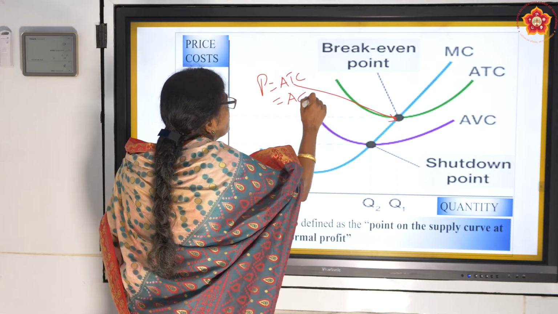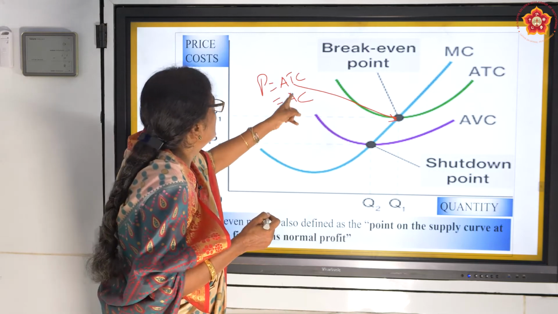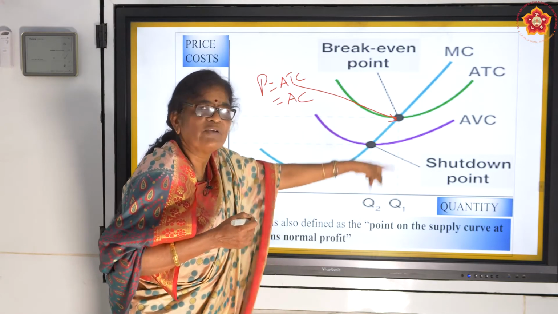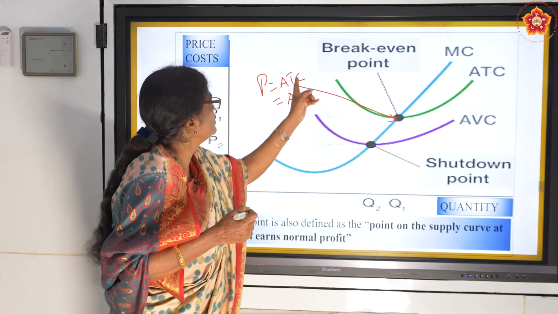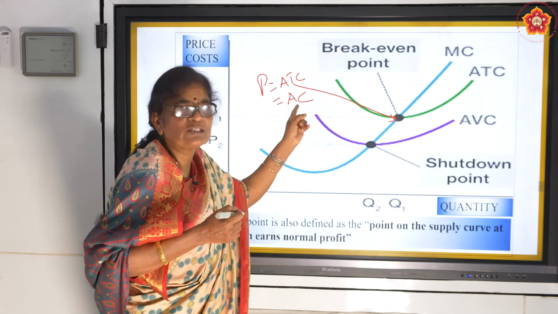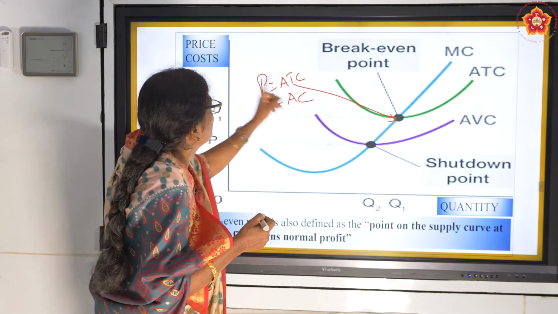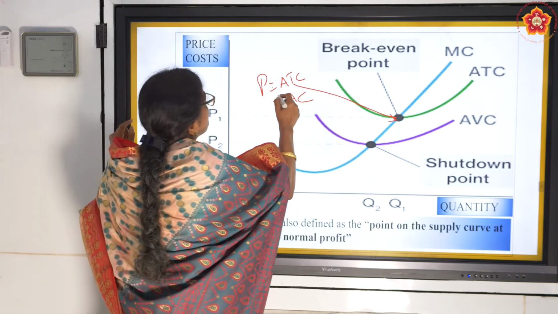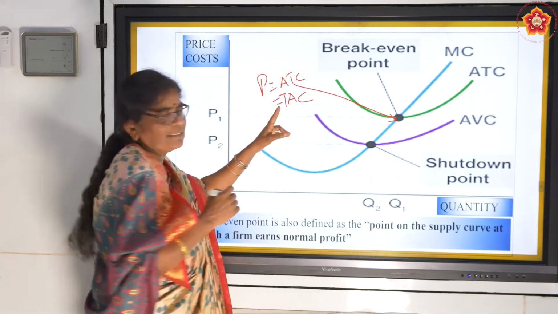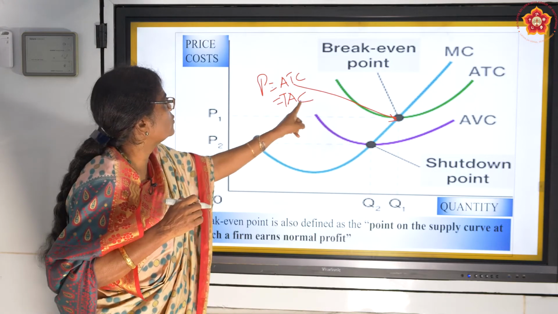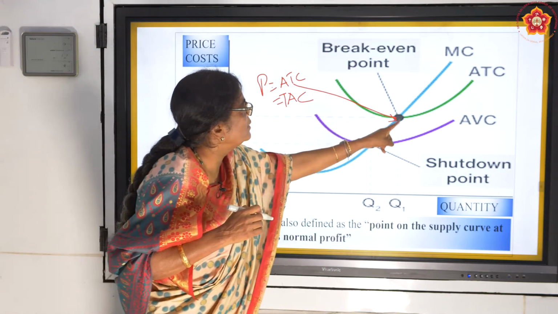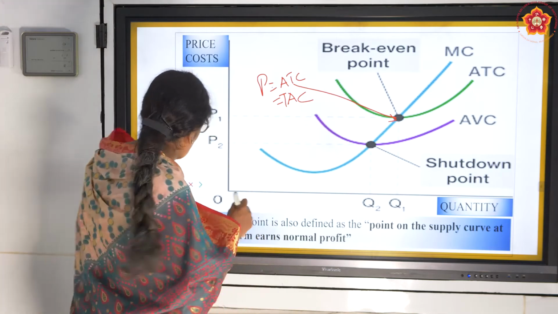This is really average cost, both variable cost and fixed cost. Total average cost, we write in other words, average cost only. Therefore, this is the point where P is equal to average total cost, ATC or TAC. This is called the break-even point.